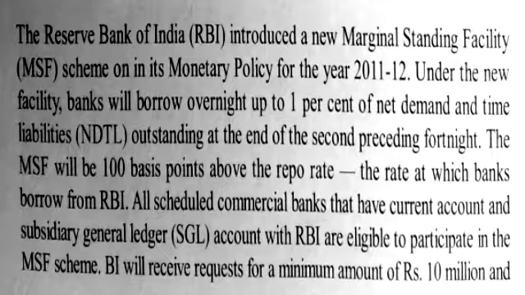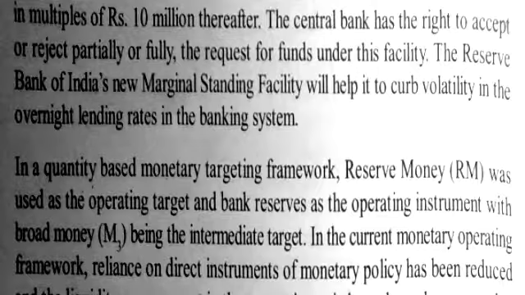All scheduled commercial banks that have a current account and subsidiary general ledger account with the RBI are eligible to participate in the MSF. RBI will receive requests for a minimum amount of ₹10 million and in multiples of ₹10 million thereafter.